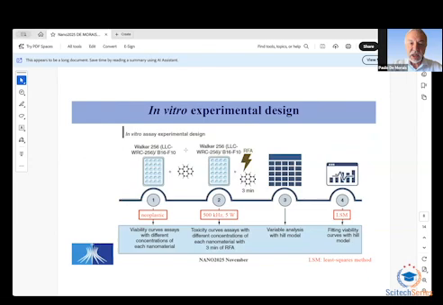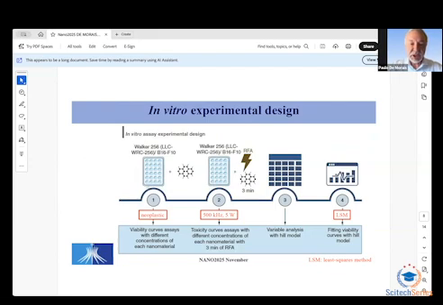So here is our in vitro experimental design. In this experiment, we use two cell lines. One is the Walker 256, and the other one is the B16F10. These two cell lines are typical cancer cell lines.